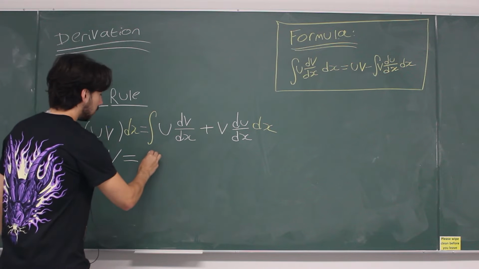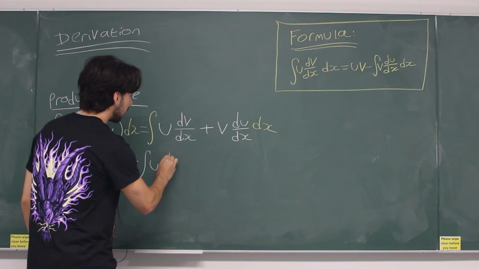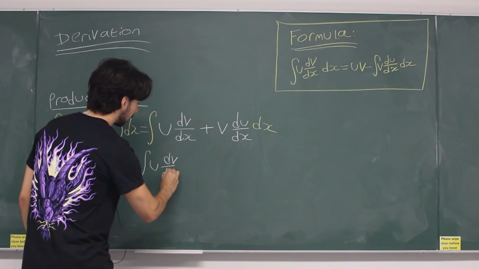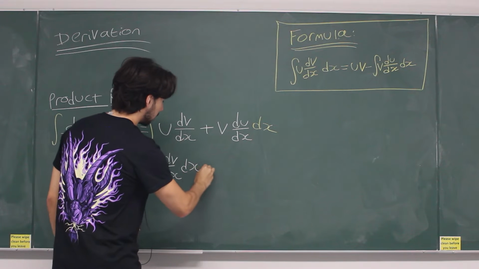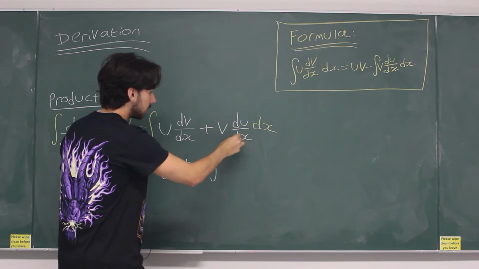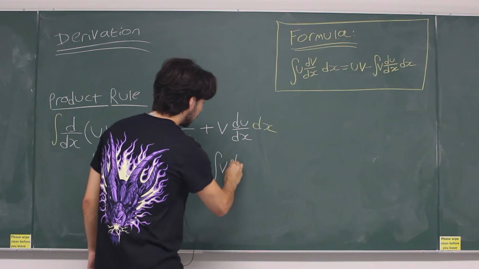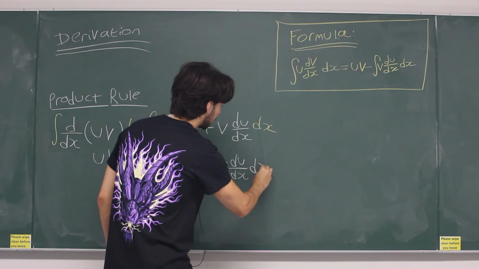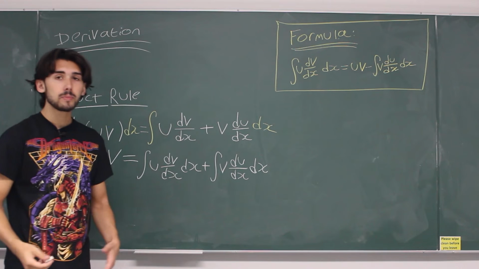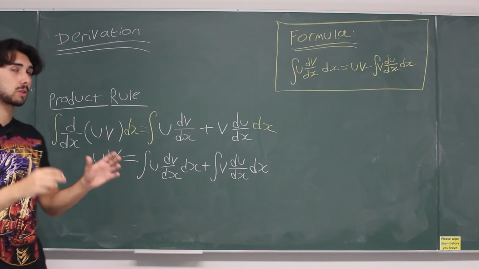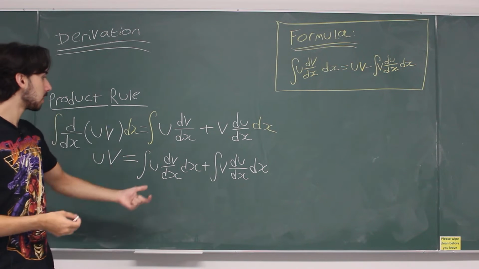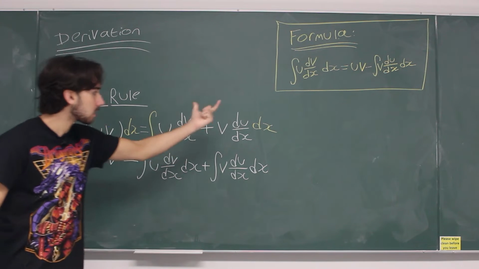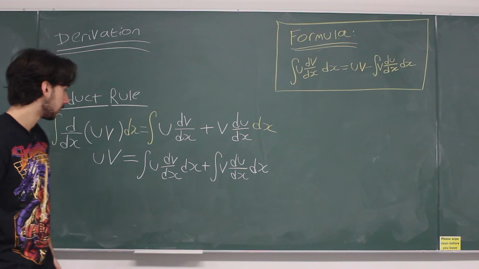The first integral is just u times dv dx, and the second integral is just v times du dx. So all I'm doing is I've got the integral of two functions adding together, and I'm going to write that as the sum of the separate integrals. So I've not done any integration by parts or anything. I've literally just said it's this integral plus this one. I've written them separately. Okay.